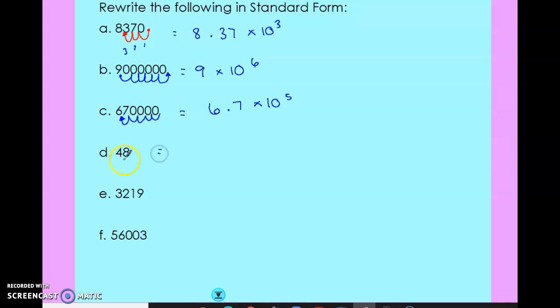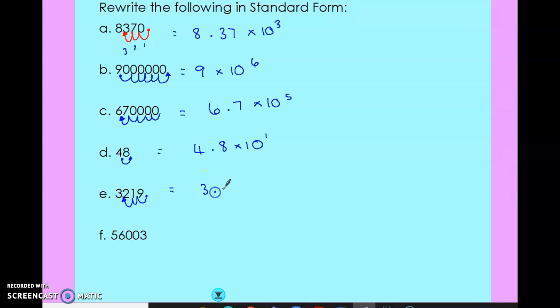48, my number is going to be 4.8 at the beginning, so I've times by 10 just once. You can put a 1 in, you don't need it in. Okay, it's not wrong with it, but we don't need it. We don't usually put powers of 1 in. E, I've got 3,219, doesn't matter, there's no zeros in this one. We can still think about it the same way. So we've moved our decimal point 1, 2, 3 spaces.